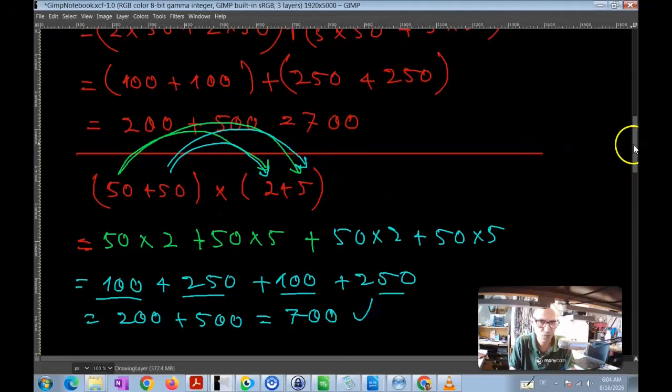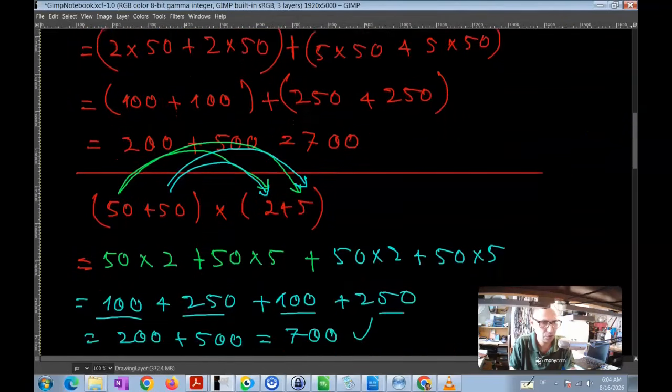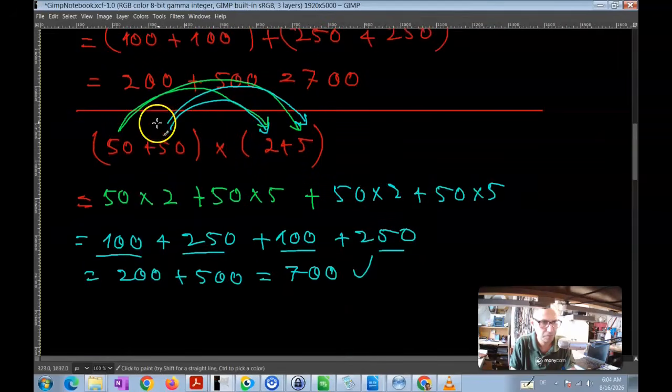So as long as you understand what happens here, then you can simply distribute, meaning these two numbers added together multiplied by these two numbers added together.